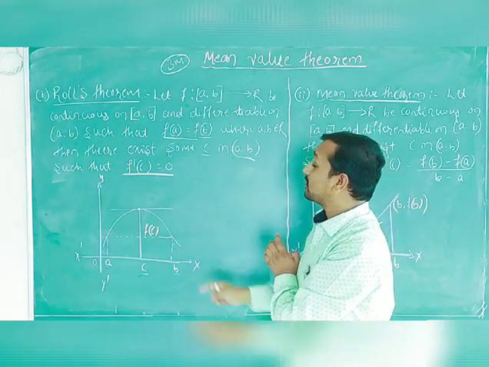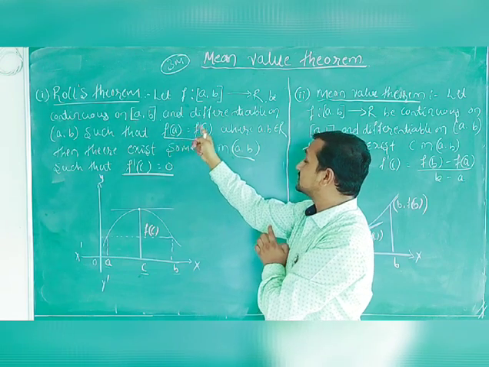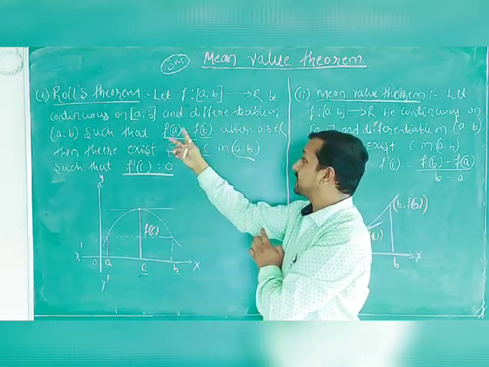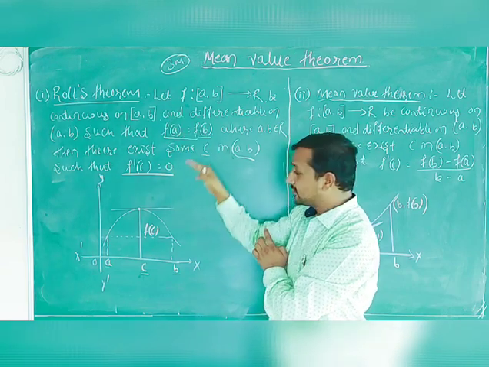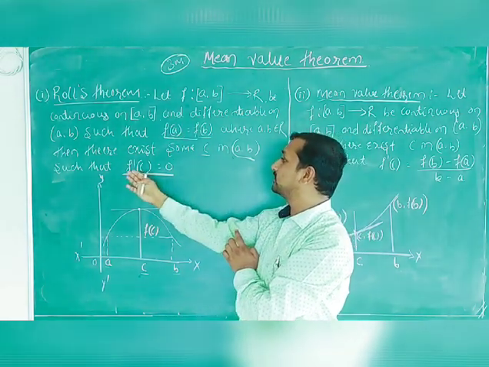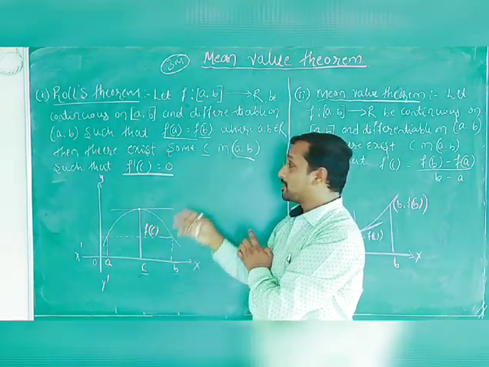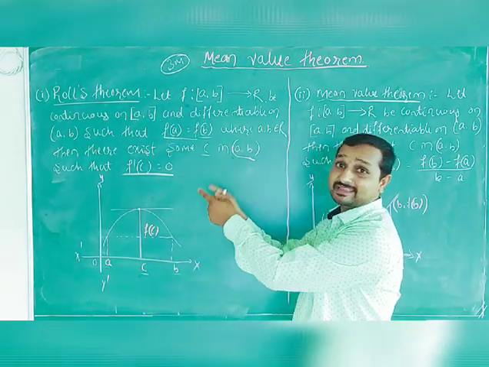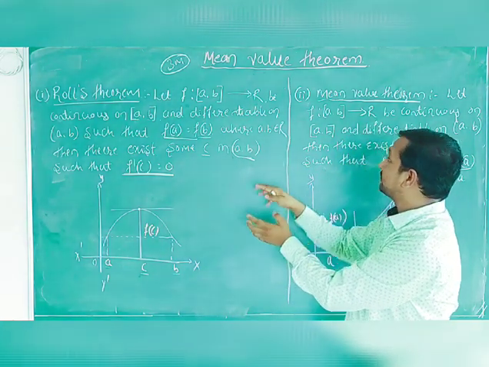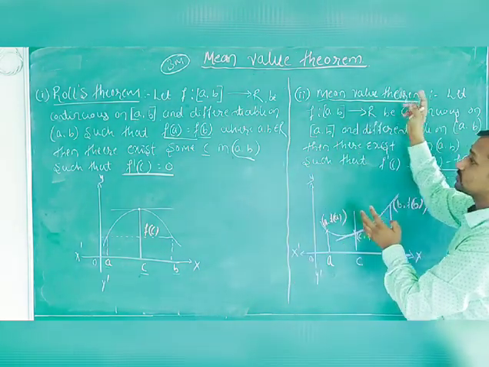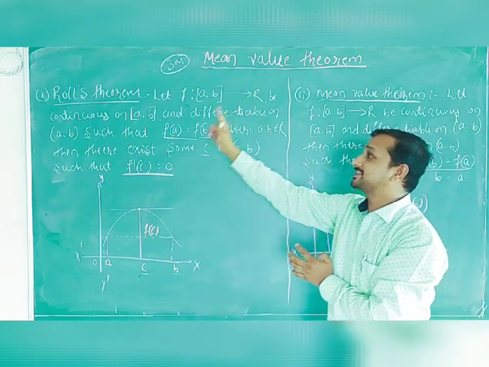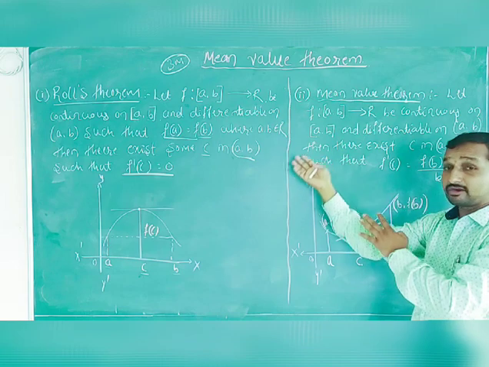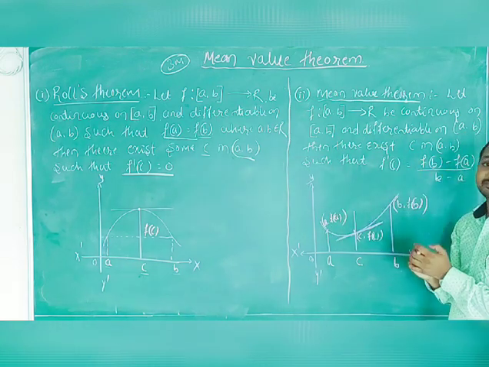Suppose f(a) is not equal to f(b). If f(a) is equal to f(b), then Rolle's theorem is verified, according to the procedure. But suppose f(a) is not equal to f(b); in that case we use the mean value theorem, which is the extension of Rolle's theorem. What is the mean value theorem?